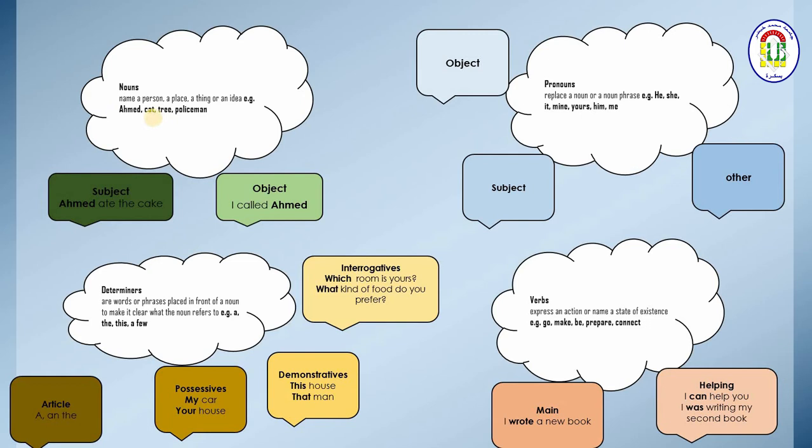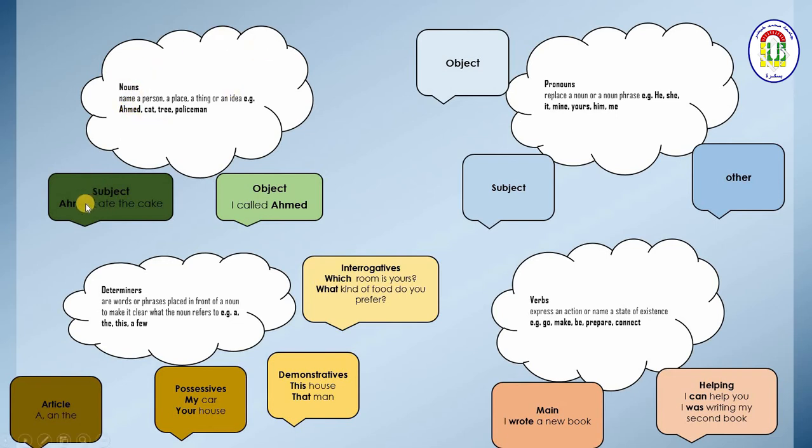Ahmed, cat, tree, and policeman. These are nouns, and each has its own characteristics and features that make it different from the other nouns.